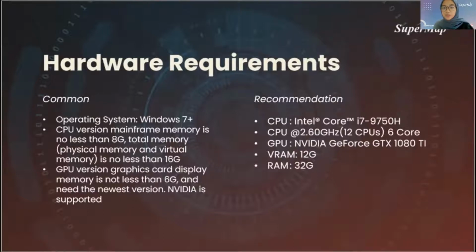That's why we need you to have at least 12 gigabytes, or 32 gigabytes, of RAM, and also 12 gigabytes of VRAM. You can read more details about the specifications in this slide. If your device is below the list I have shared in this slide, you will probably encounter an error during the processing.